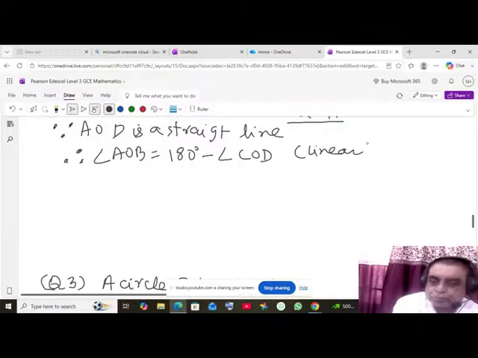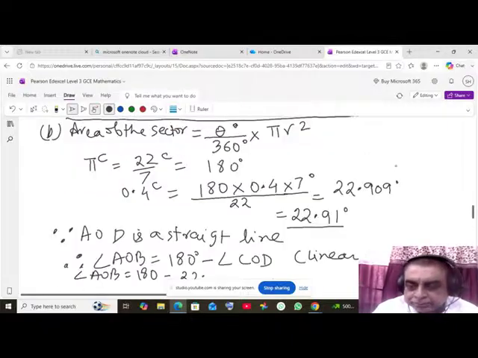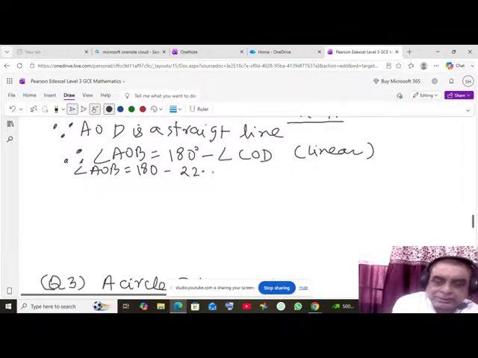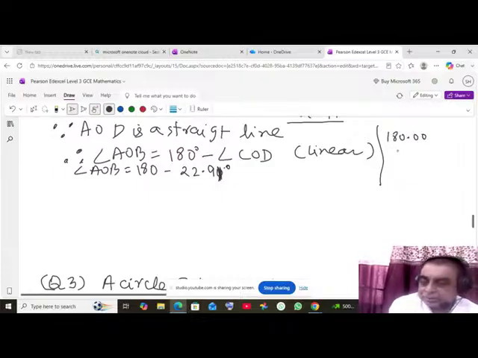Now you find out the value. So angle AOB value will be 180 minus 22.91 degrees. Now calculate its value. You do a rough work. Always remember, don't be shy to use the rough column.